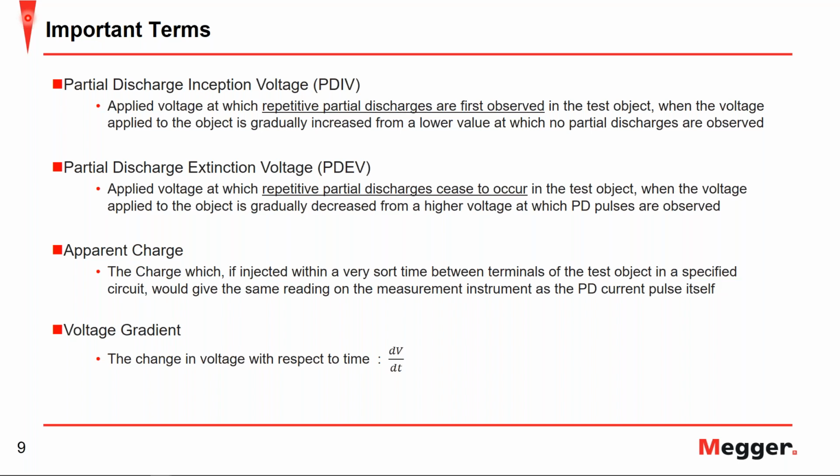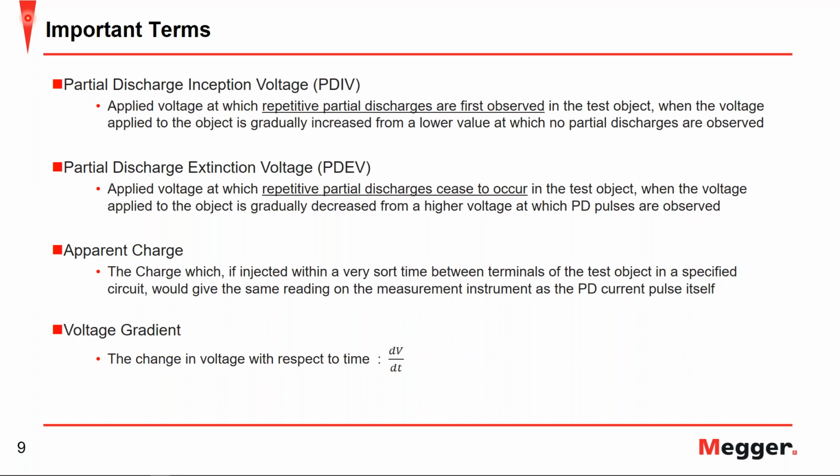These two are very important, and I'll talk about them a little bit later, because your inception voltage and extinction voltage are always going to be different, where extinction voltage is always going to be a little lower, as partial discharge is somewhat of a self-sustaining process. Again, I'll touch base on this a little later in the presentation.